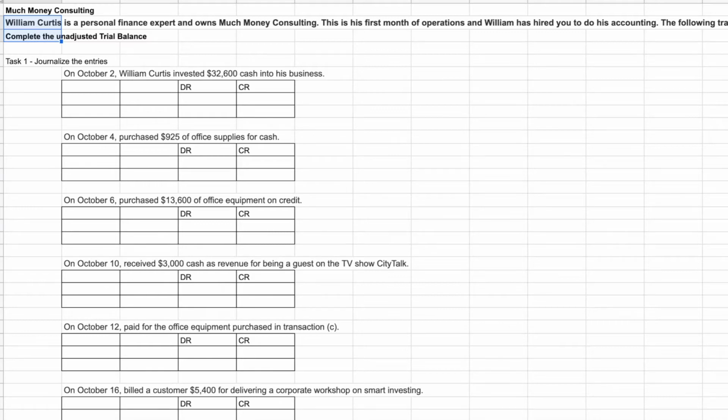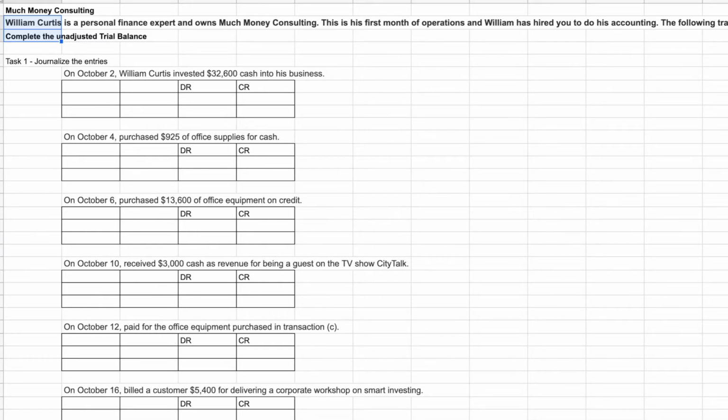When he puts money into the business, that creates a capital account called William Curtis Capital, and that went up by $32,600. And cash came into the business, so cash is the other account affected. That went up by $32,600. If you look at the chart, cash is an asset, and assets that are increasing are debited. Debiting increases an asset.